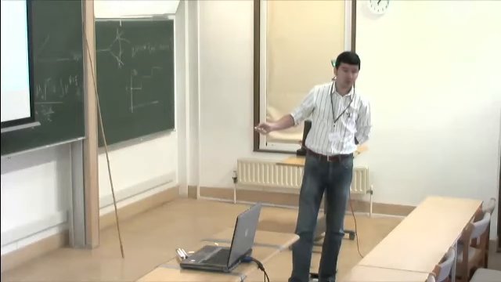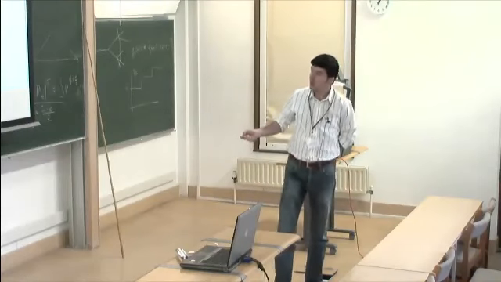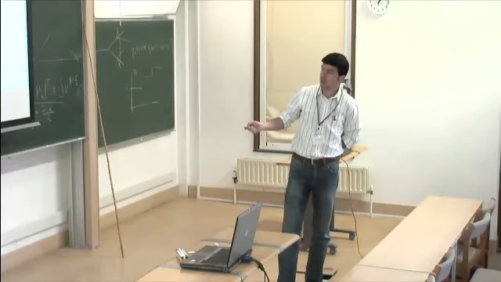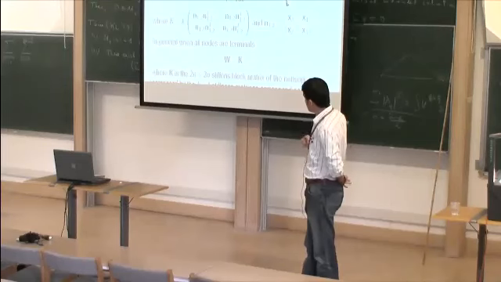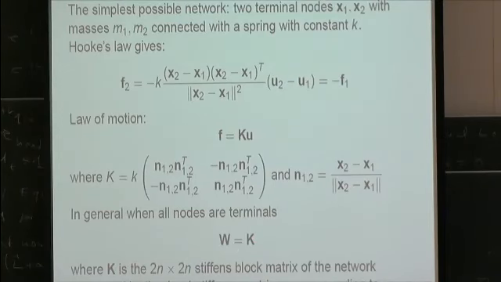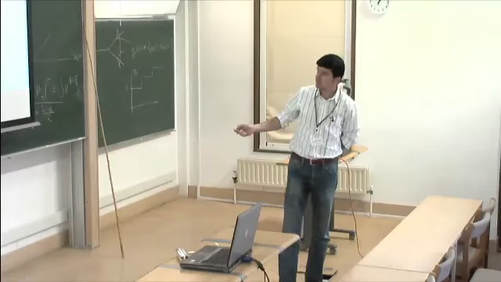Now you can extrapolate this in general for a network with no interior nodes, only terminals. Then the static elasticity response matrix is given by the stiffness matrix, which is a block matrix accounting for all the elasticity stiffness matrices between the springs.